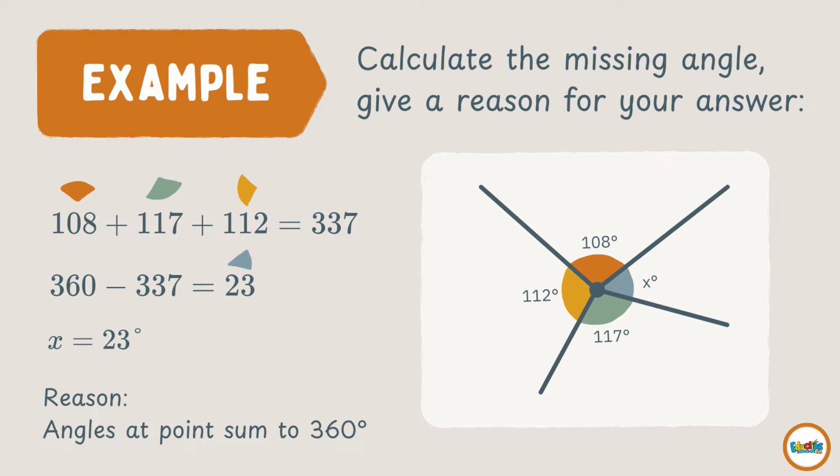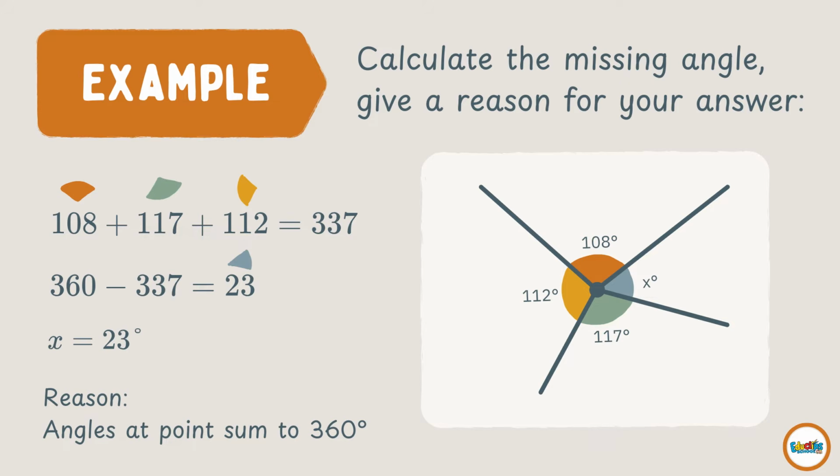So I can either subtract 337, as the example shows, from 360, or, because the difference is small, I could count on from 337 until I reach 360, which would be a hop of 3 and then a further hop of 20. Either way, my answer is 23 degrees, and we can see here that would be shown by the letter X, so X is 23 degrees.